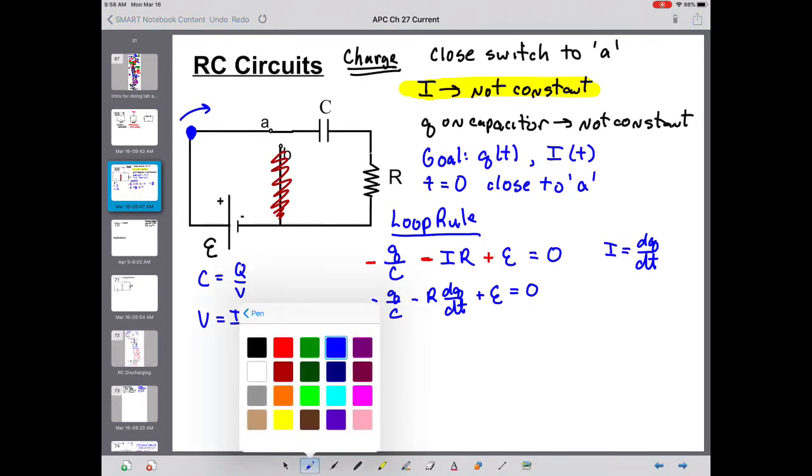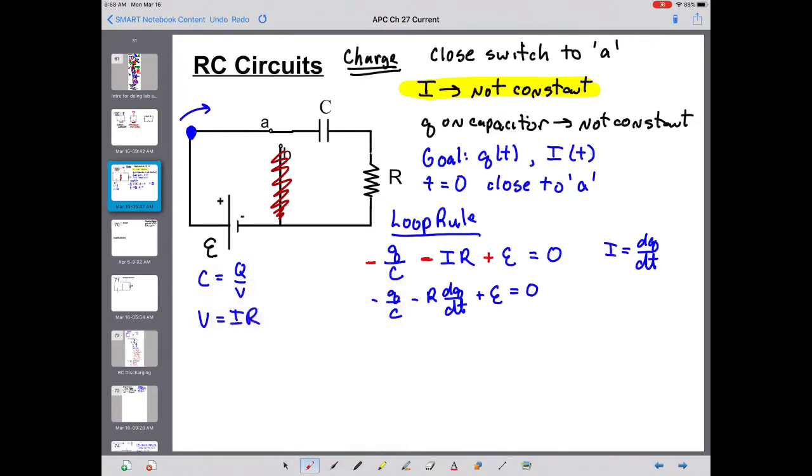I'm going to add probably more emphasis to this than we should, but it needs emphasis here. This equation is a differential equation. Oftentimes when you're solving an AP problem, they will tell you to set up a differential equation.